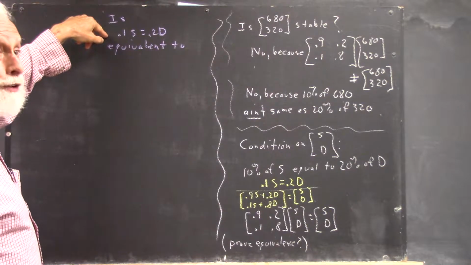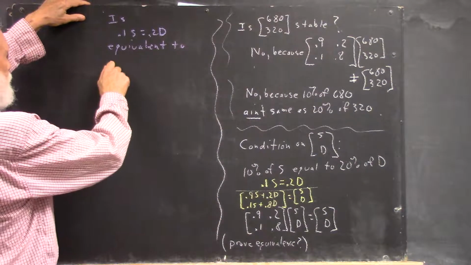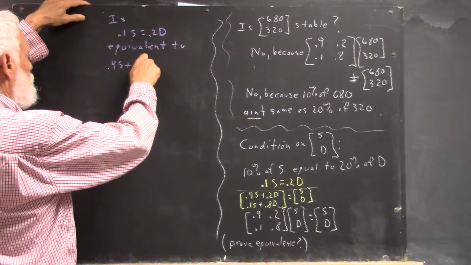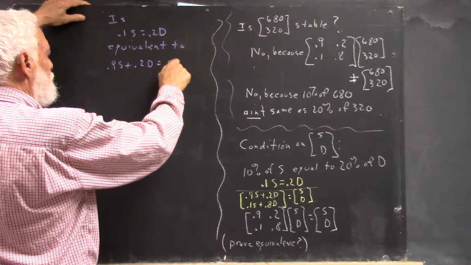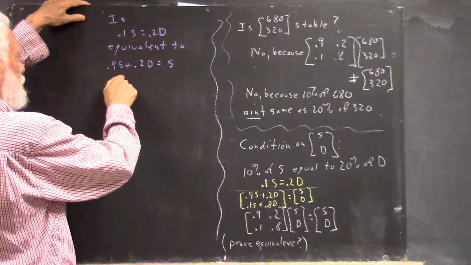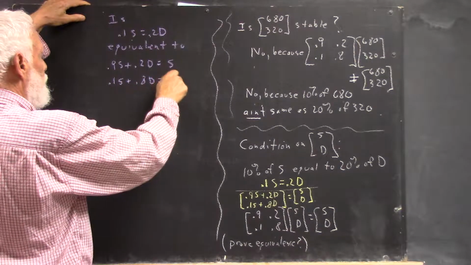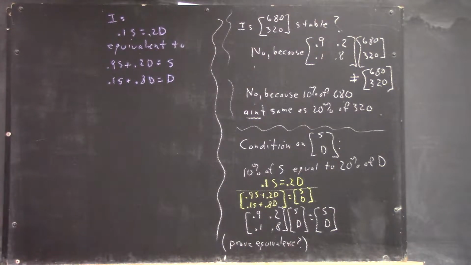If it's one, it's the other. Is that equivalent to what you get here, which basically says that 0.9 S plus 0.2 D equals S, and 0.1 S plus 0.8 D equals D. Okay?